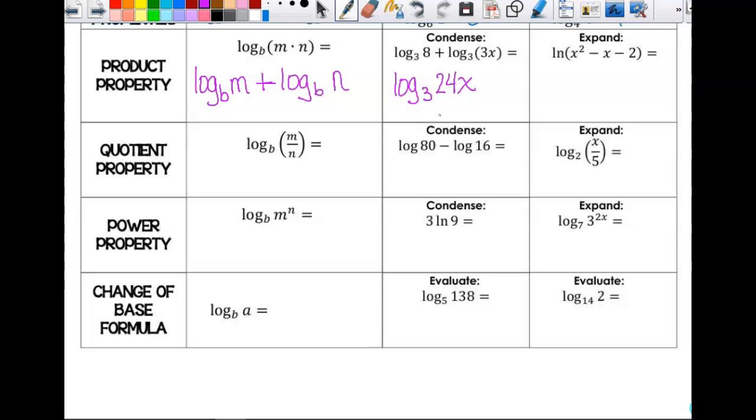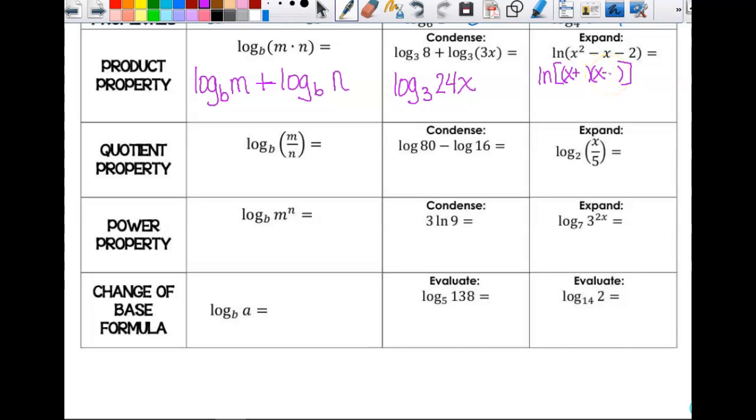Right? Then if I need to expand using the product property, that would mean that I would need some multiplication in here, which I don't directly see, but I can factor, right? So that would equal the natural log of, I'm going to factor it into two binomials. I know this would be x, and the signs would have to be opposite.